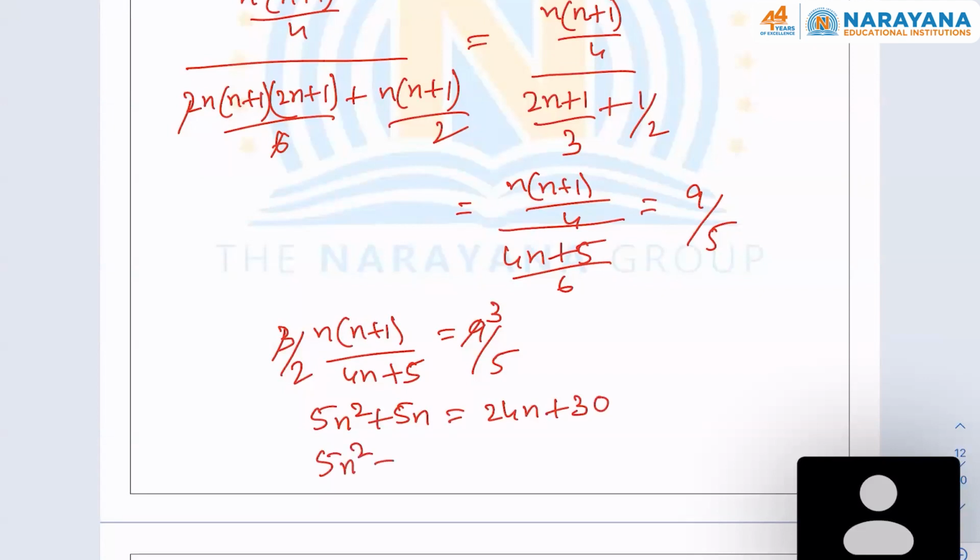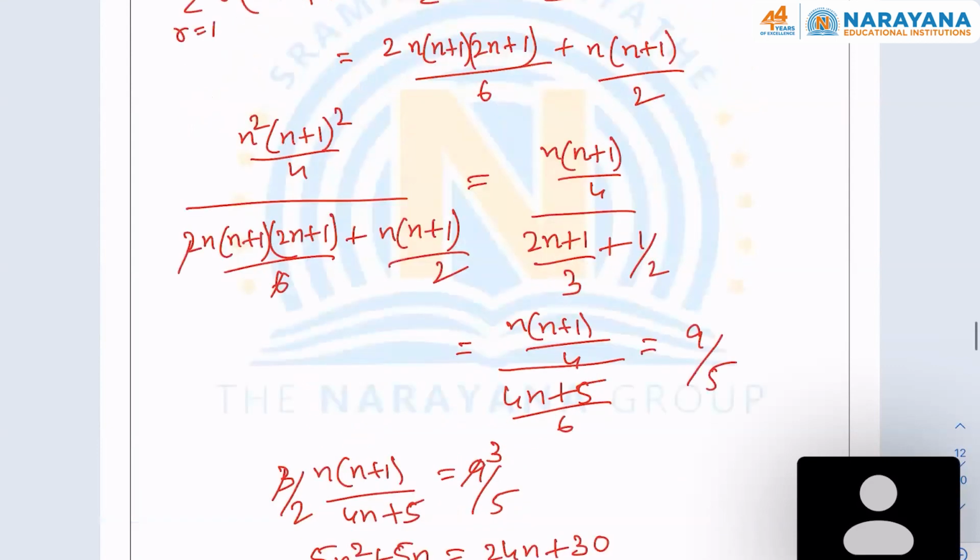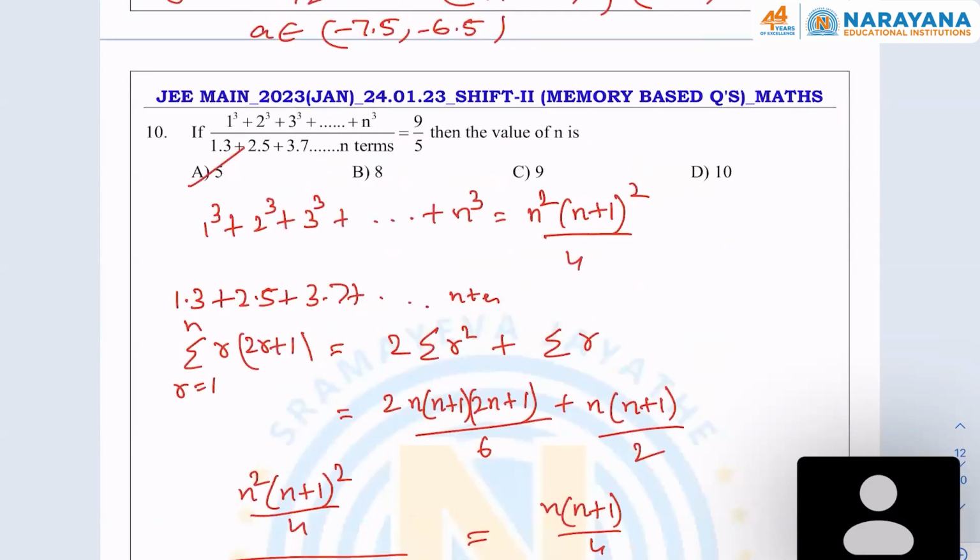So 5n square minus 19n minus 30 is equal to 0. So when we factorize this, we will get (5n plus 6)(n minus 5) is equal to 0. That implies n is equal to 5. So n is equal to 5 is the answer.